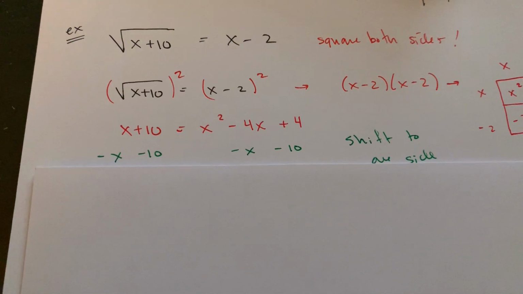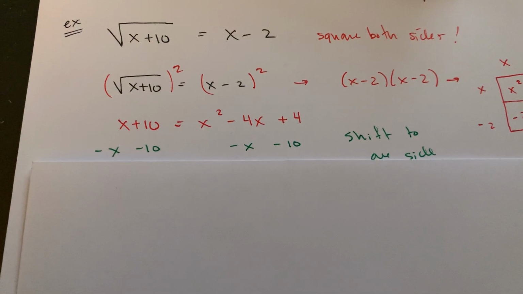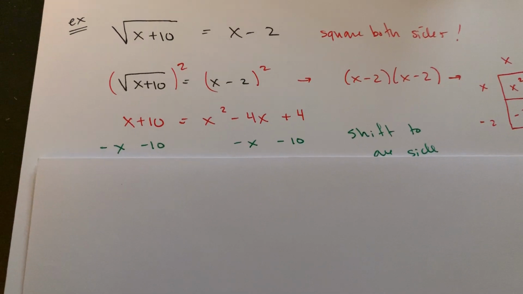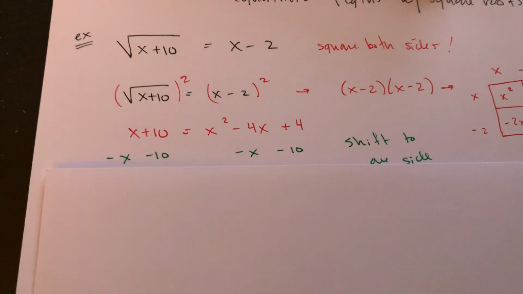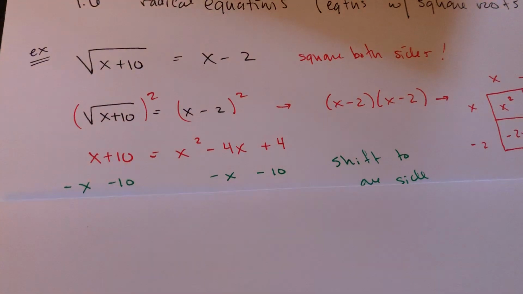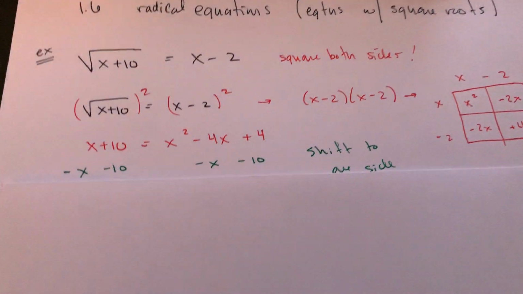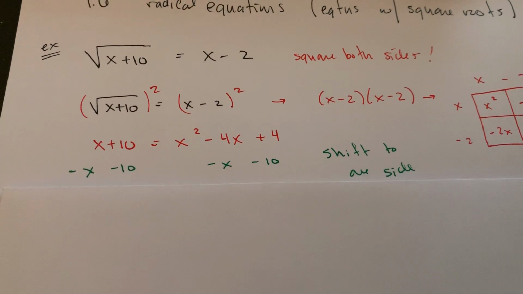So x plus 10 equals that. By squaring both sides, we've essentially created for ourselves a little quadratic equation. And so the move is going to be shift everything to one side and then try to factor it out to get to our answer. Which side should we shift everything to? Well, I would just move it, in this case, to the right-hand side so you keep the x squared term positive.